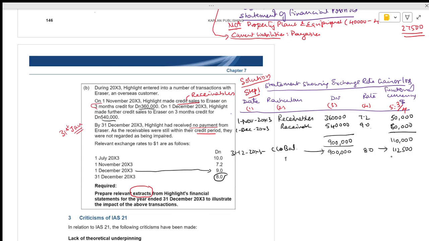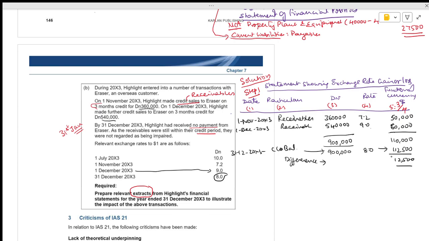The difference is, is that very clear? As per the current exchange rate, it is 112,500. Fine, but how much is there as per the rate on the transaction date? 110,000. How much is the difference? The difference is 12,500.